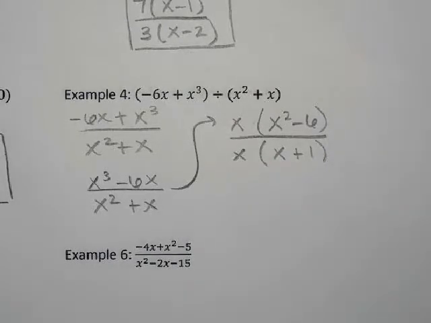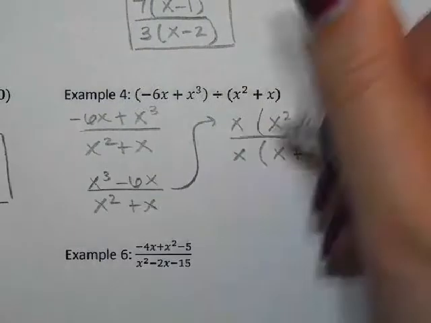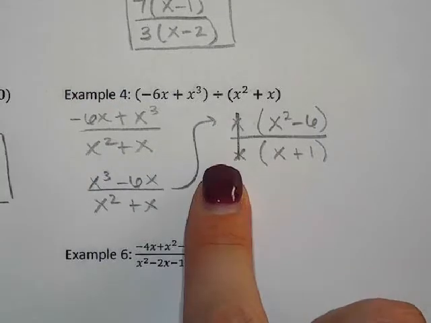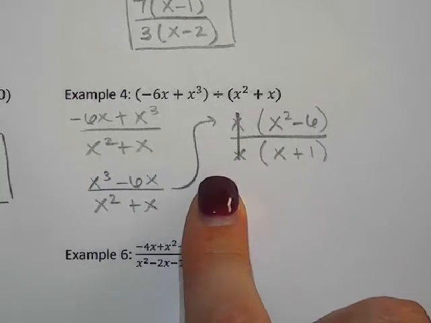Okay, and then do we see anything that would divide to make 1? Those ones divide to make 1. So when you have a GCF in the front, those are nice. Those cancel pretty easily.